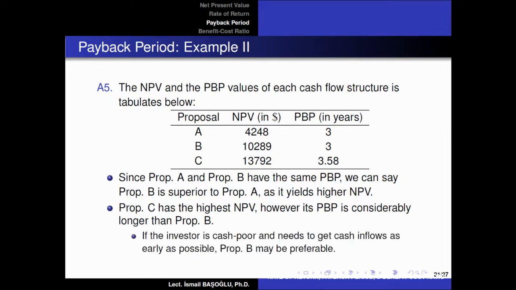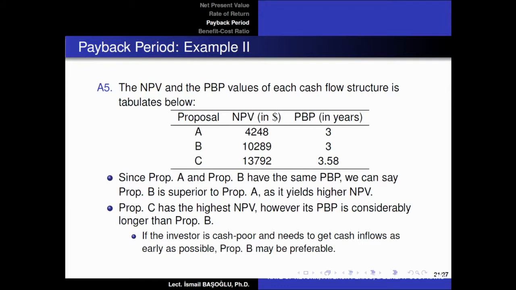However, if you are experiencing a cash flow problem, and if you want to get your liquid cash back as soon as possible, these kinds of investors may think about investing in property as well. Maybe you are cash poor, maybe you need cash as soon as possible because of your future investment plans.